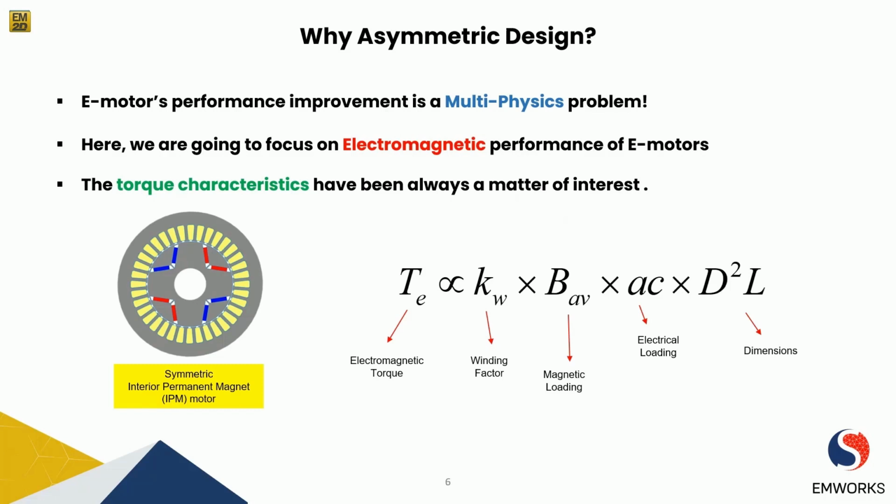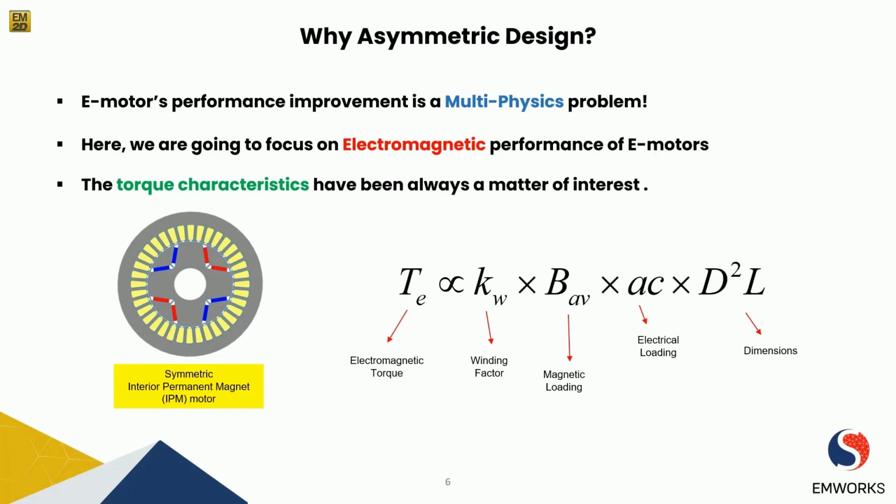And now let's talk about why asymmetric design can be a helpful approach to improve the performance of the machine. But first we have to note that electric motor performance improvement is a multi-physics problem. So when we want to improve the performance, we have to consider, alongside the electromagnetic performance, the thermal and also the mechanical aspects, or even the control part of the machine.